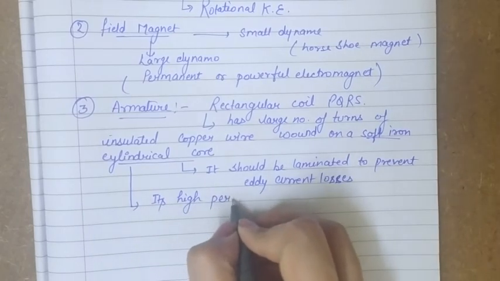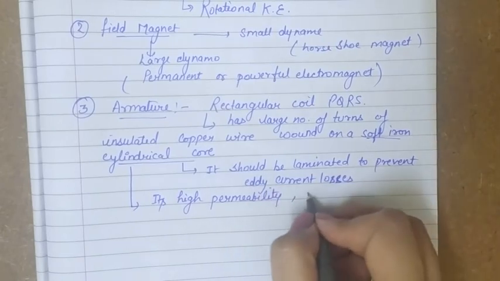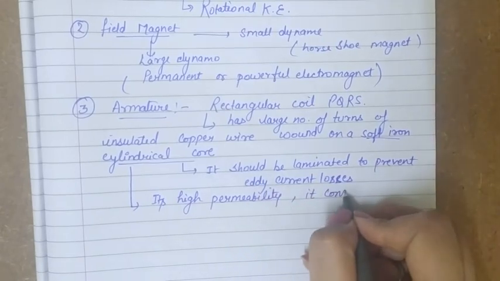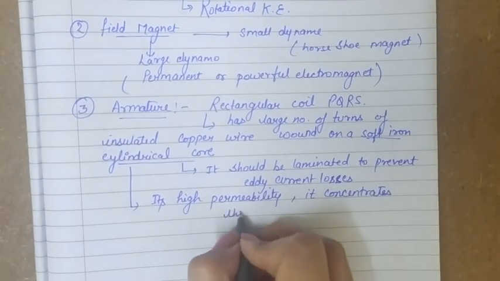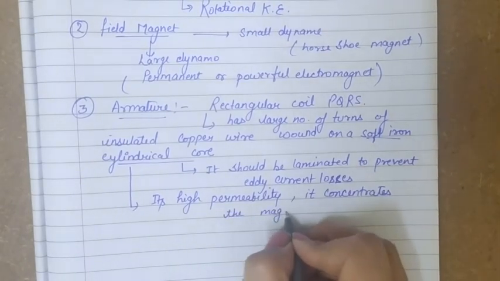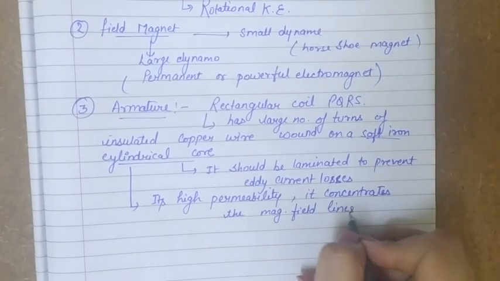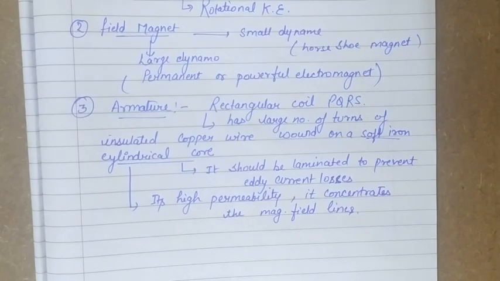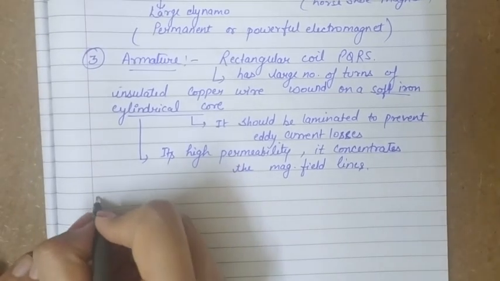Because of its high permeability it concentrates the magnetic field lines, or we can say that the core retains the flux in it. There is no loss of magnetic flux. This is the third essential part, the armature.